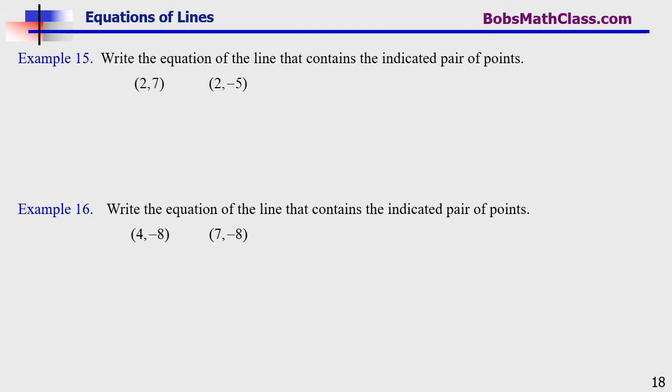Example 15. Let's not do the work this time, right? 2, 7, and 2, -5. What do you think the answer is? What values are the same? Right, the x. So the answer is x equals 2.